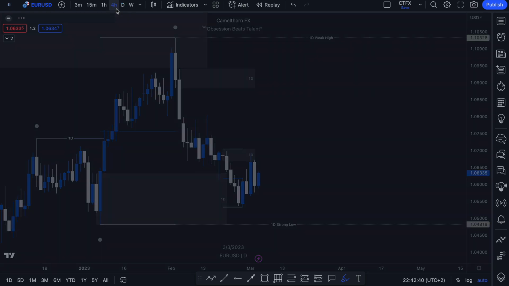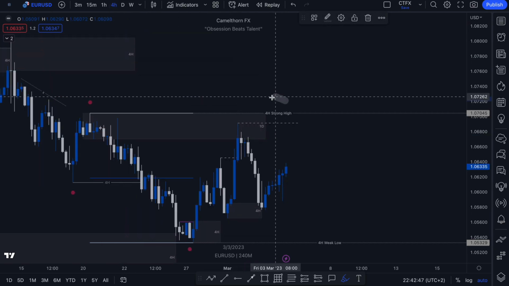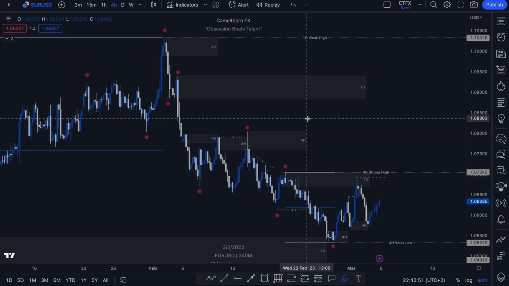However, at the moment, my 4-hour is still pointing bearish, and the only time the 4-hour is going to switch bullish is when this 4-hour strong high gets violated. All right, so going into March, very, very interesting area that EUR/USD is currently finding itself in.